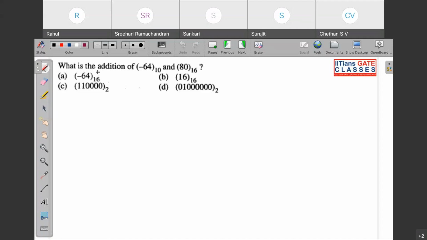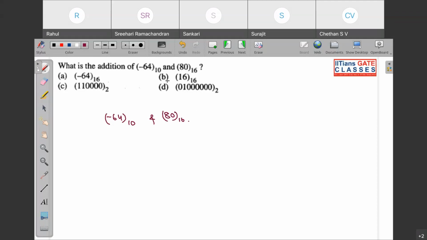Look, what is the addition of minus 64, which is given in decimal, and 80 in hexadecimal? You can convert this number to decimal and solve.